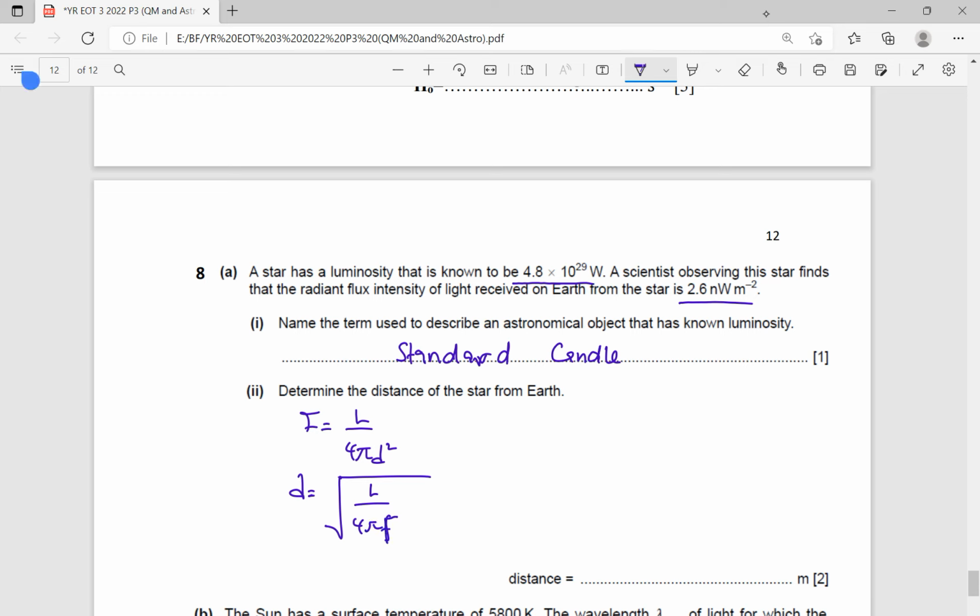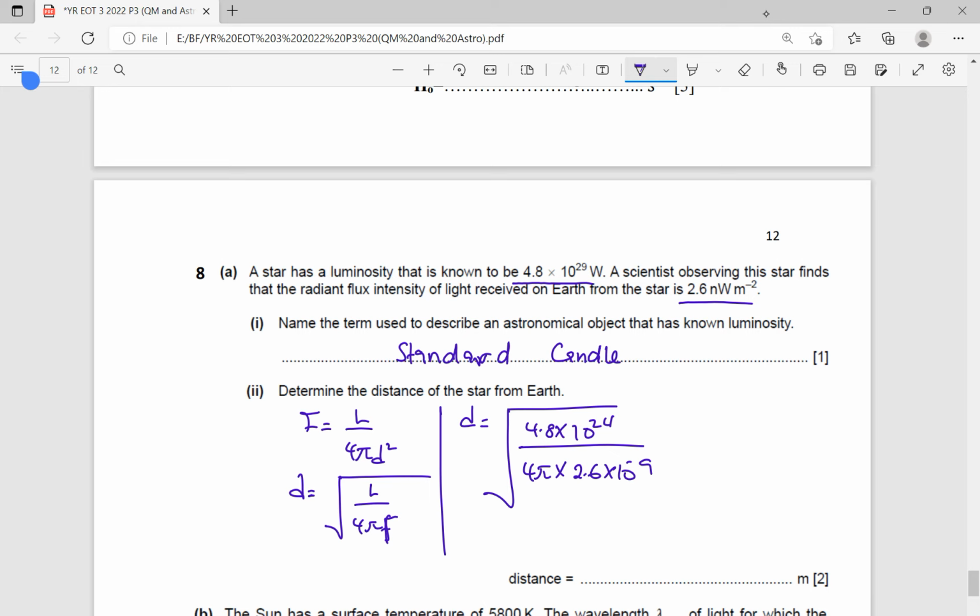And if we try to substitute, the distance is going to be equal to the square root of the luminosity, which is 4.8 times 10 power 24, divided by 4 pi times 2.6 times 10 power negative 9, because it's given in nanowatts per meter squared.